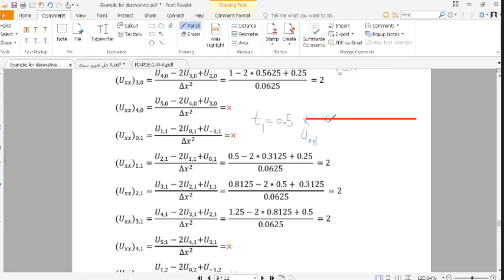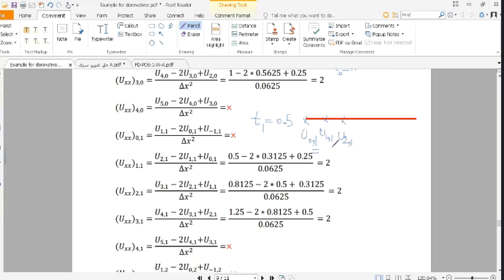For the next point, we have U1 and 1. For the next point, U2 and 1. If you are careful, you see that the second subscript is 1.